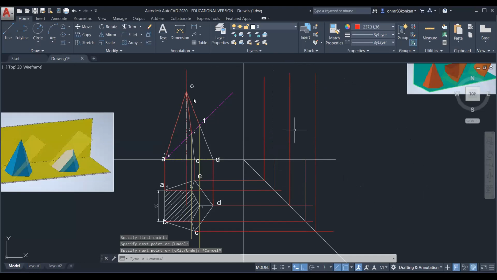So first, draw the side view for that pyramid without considering the section, and then project these intersection points of the auxiliary plane with the slant edges. Okay.